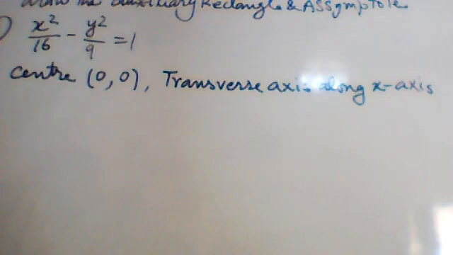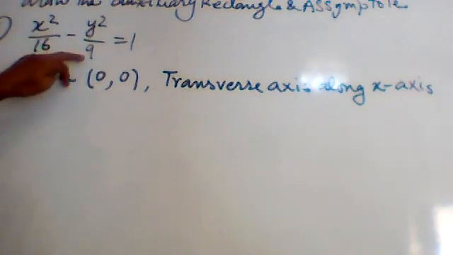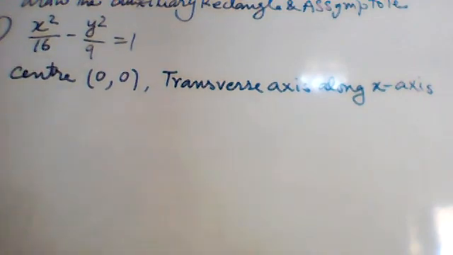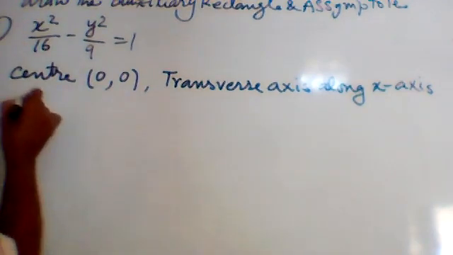Then this will be a square, this will be b square. Therefore, if the transverse axis is along the x-axis, under x square will be a square.